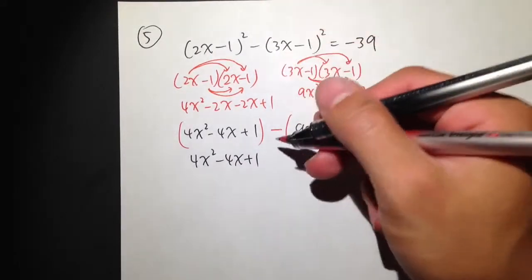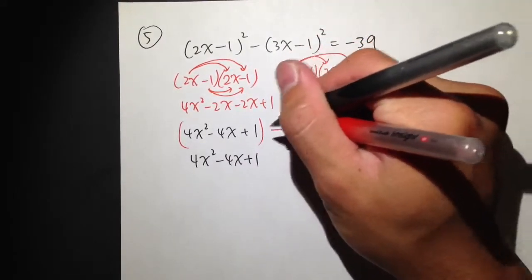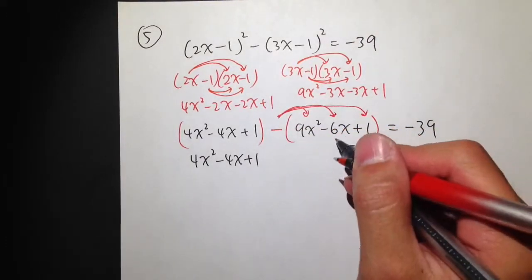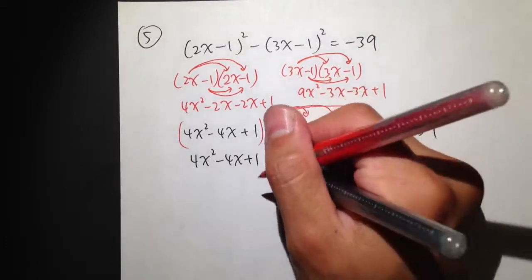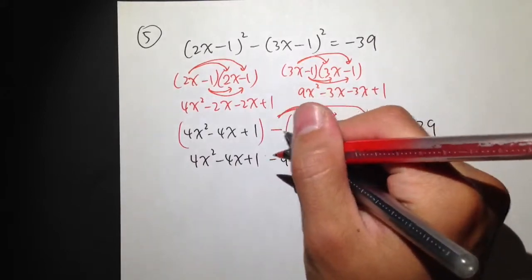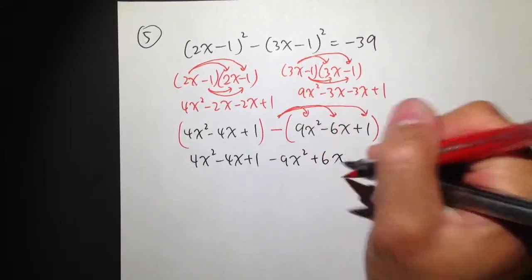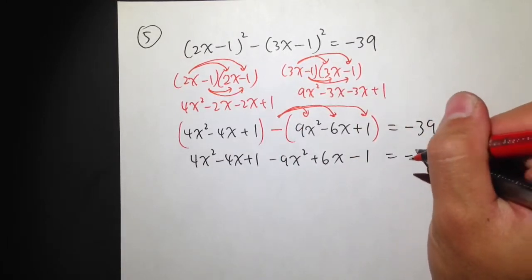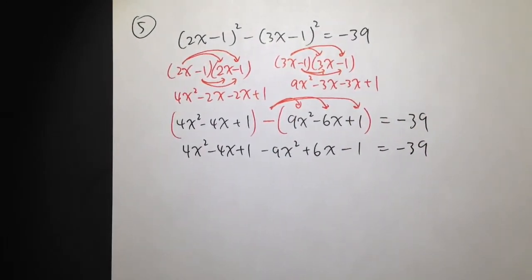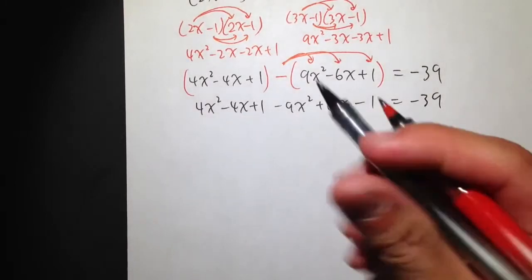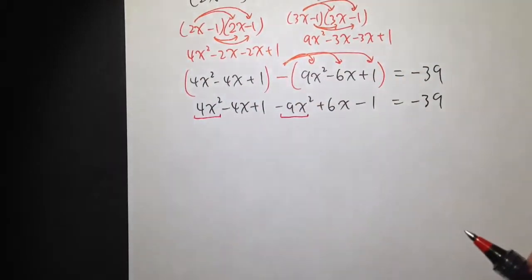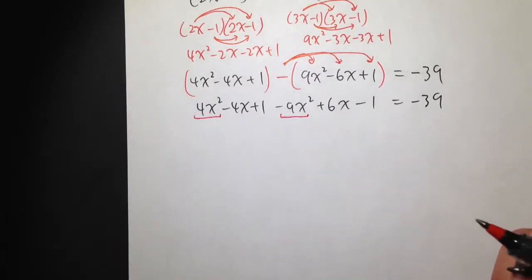And the subtraction sign right here, we're going to distribute that inside, and all the signs are going to be changed inside. I have negative 9x squared, negative times negative, positive 6x, and negative times positive, minus 1, and it's equal to negative 39. On the left hand side, I see this 4x squared and the negative 9x squared; they are like terms.